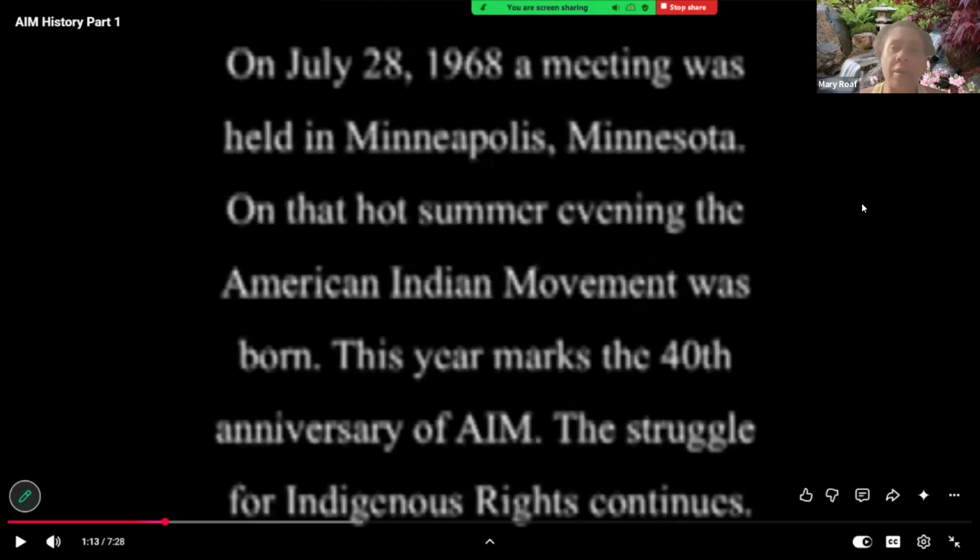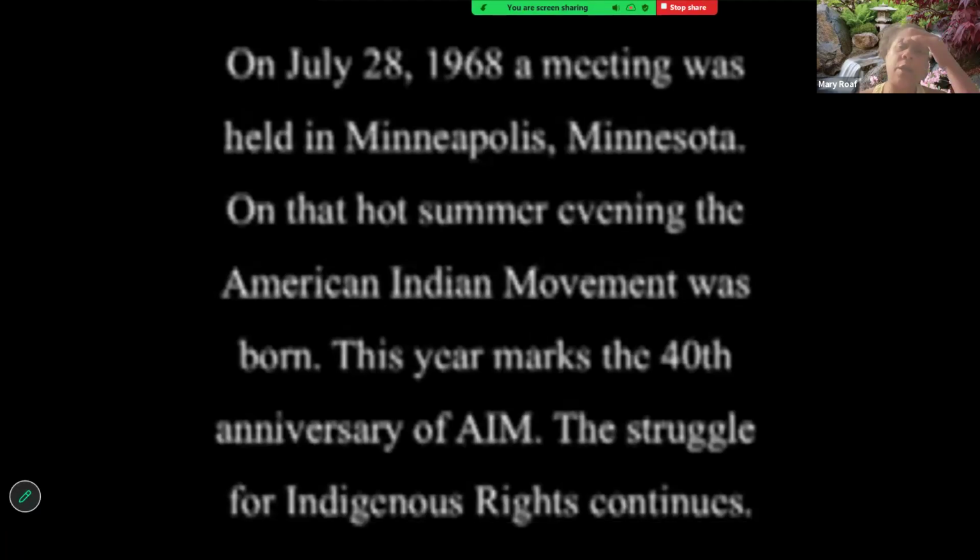So it's taking different kinds of footage and documents, again, very historic primary source documents. So on July 28th, 1968, in Minneapolis, Minnesota, so you can see this is one of the urban areas where young Native Turtle Islanders were forced off of different reservations, and they were relocated to urban areas such as Minneapolis.